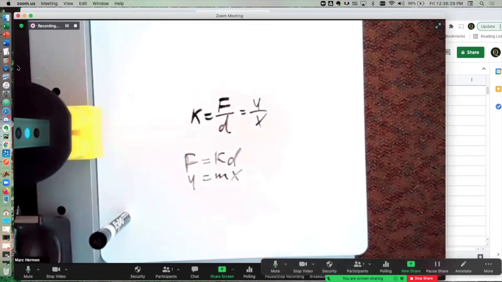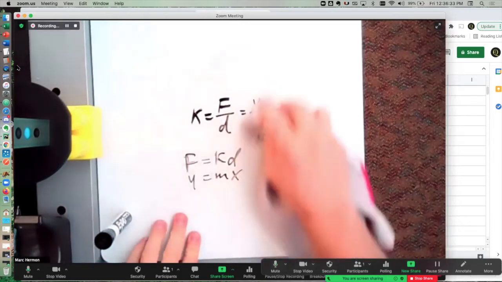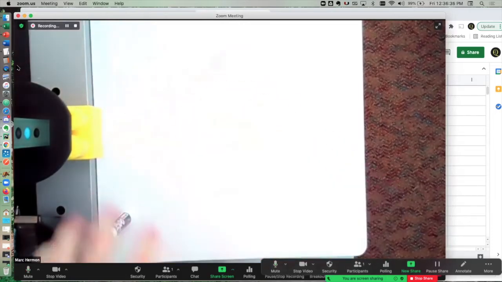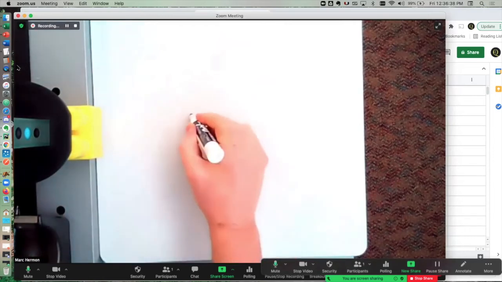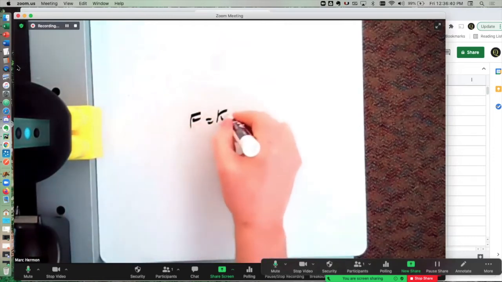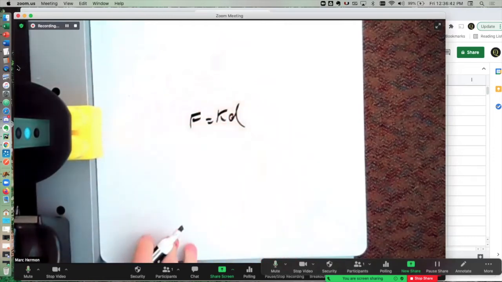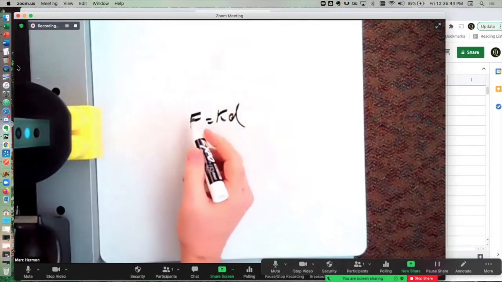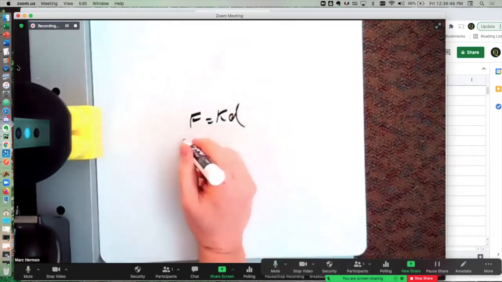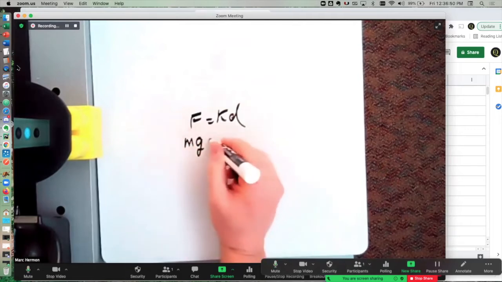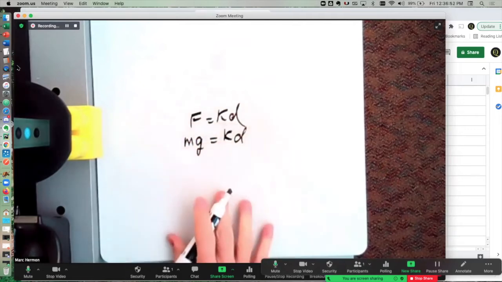Okay. So how do I calculate the mass? Okay, so we know force is K times D, right? And what is force? Force is the mass times gravity equals K times D, right?